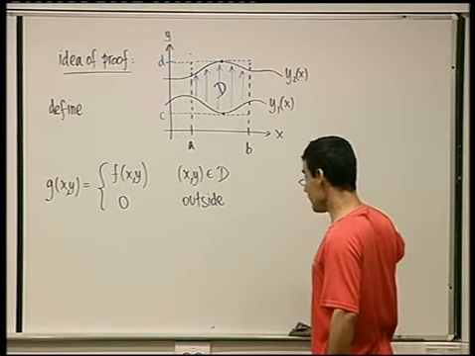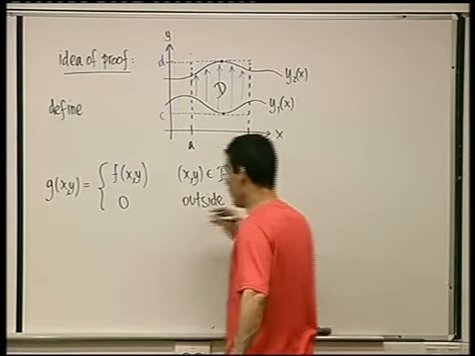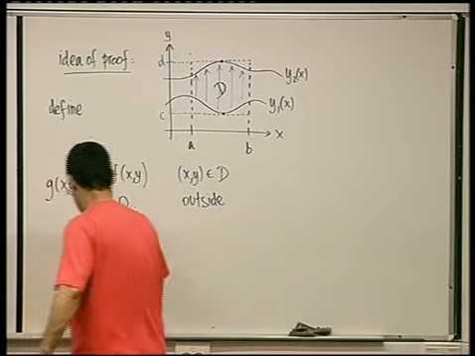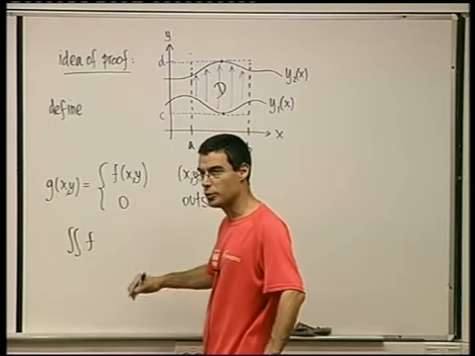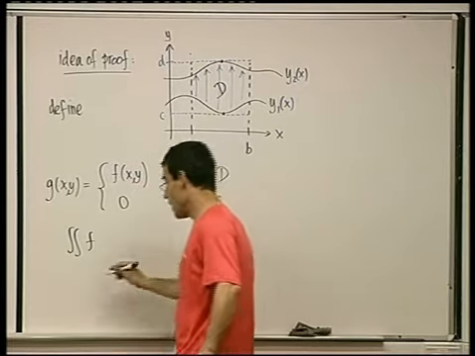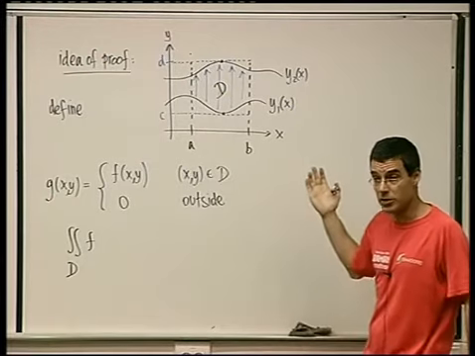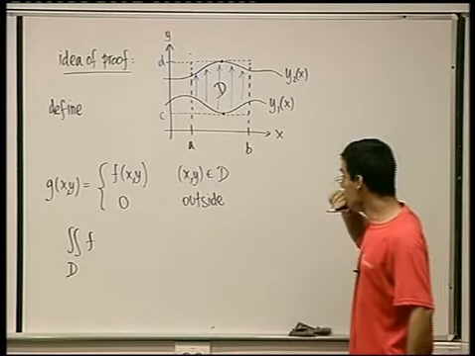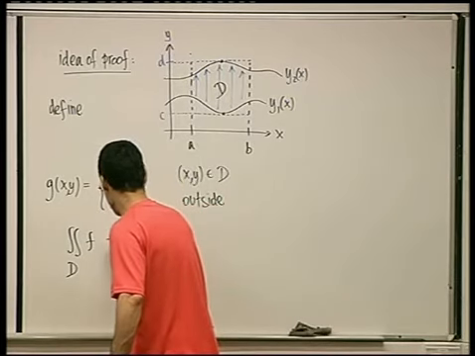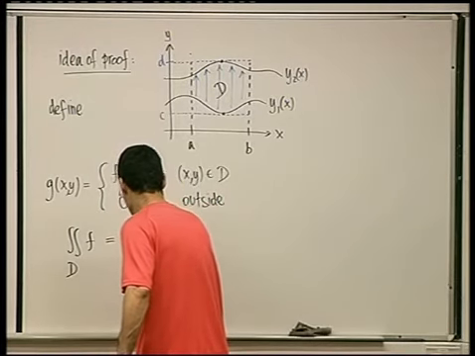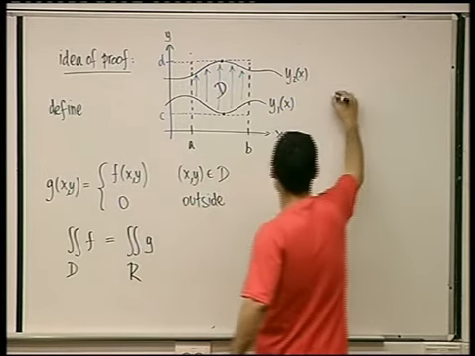Okay. So I want to calculate the double integral, and I'm going to be a bit sloppy intentionally so we can see things without too many xy's, dx, dy's. I want to calculate the integral of f over D. That's what I was originally interested in, right? Do you agree that the integral of f on D equals the integral of g on R, where R is this rectangle?